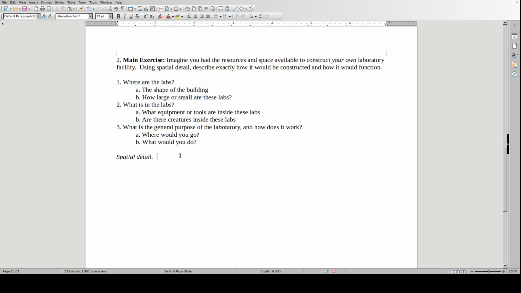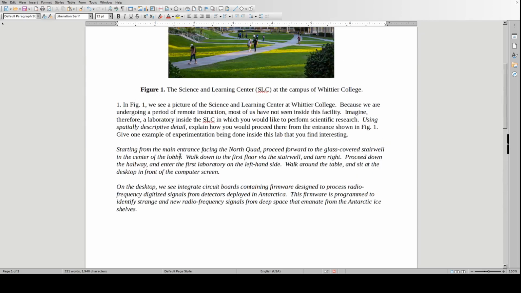So if I were to draw your laboratory, would I get it correct? Would I draw a floor plan, a picture of the inside of one of the labs you're describing? How close would my representation of your idea be, given what you've told me in your writing?